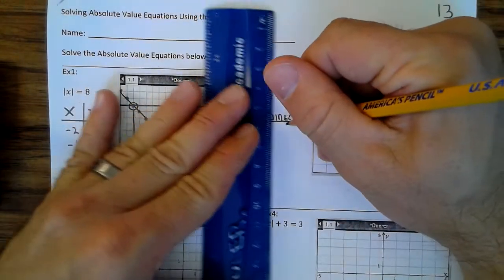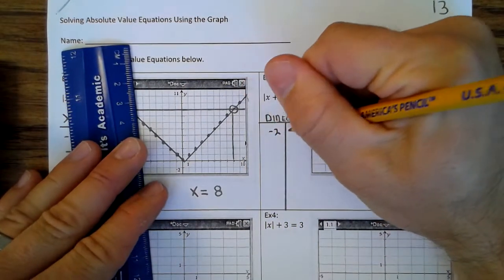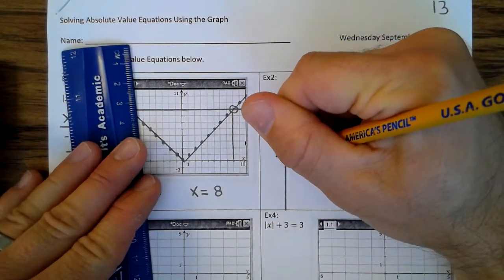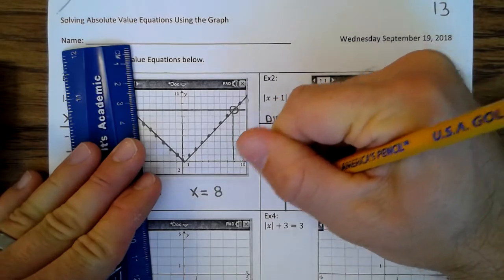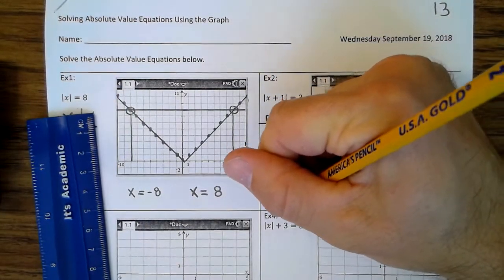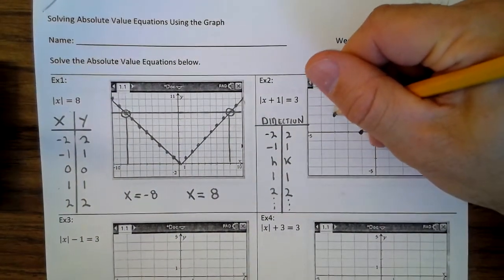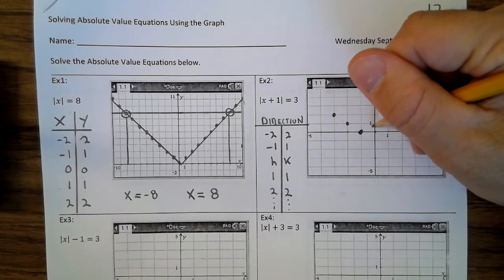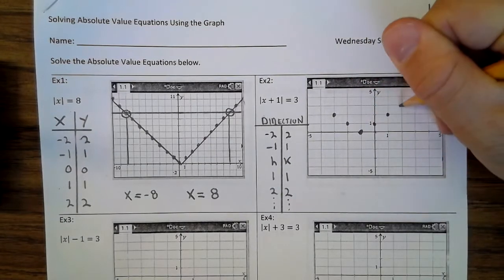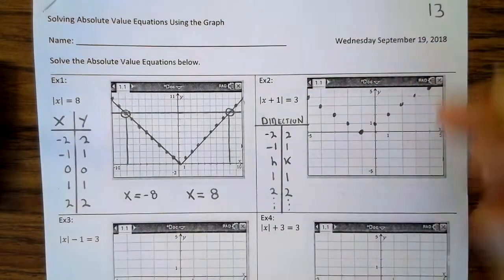And then we graph by direction. So -2, 2, -1, 1, 0, 0, 1, 1, 2, 2. So we go left 2 up 2, left 1 up 1, right 1 up 1, right 2 up 2, and we can continue that. You want to, because if you have all the points, it's easier to find the intersection.